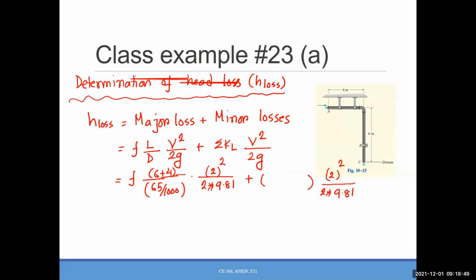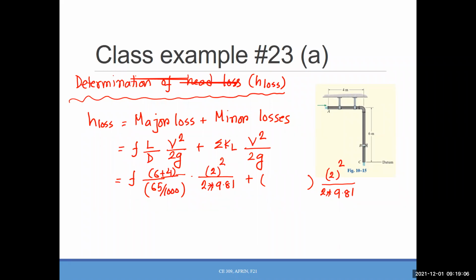So if you look at the given values, we had two sources for minor losses, right? One was a fully open globe valve and another one was 90-degree bends, right?